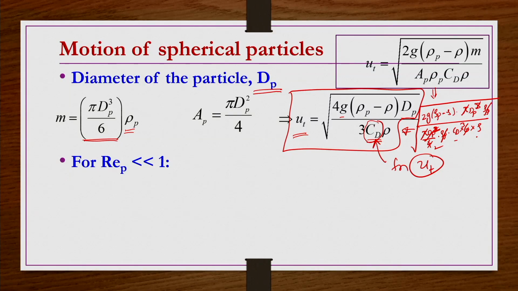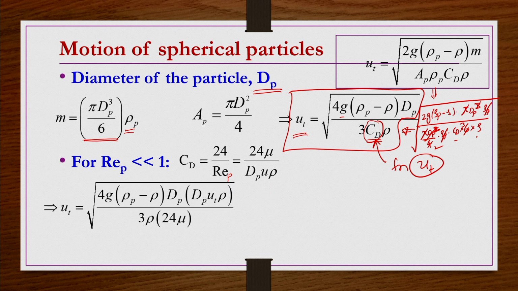Let us take the first case, when the Reynolds number is very small, REP is very much smaller than 1, then CD is equal to 24 by REP, that we have already seen. So that is 24 mu by dp u rho, right? Now this one we are going to substitute here. So this is under the terminal condition, so this u should be ut.